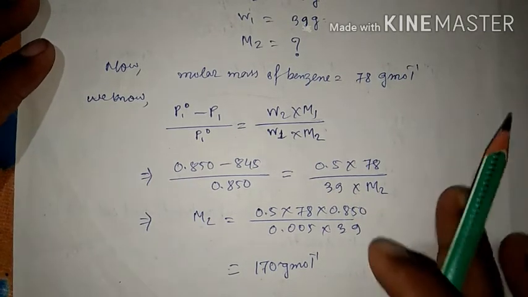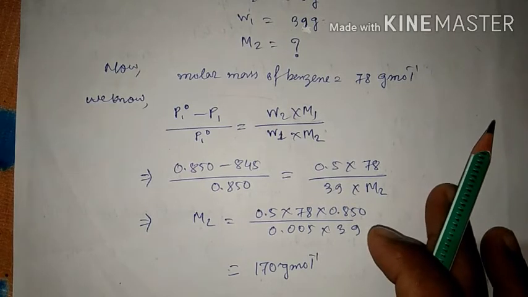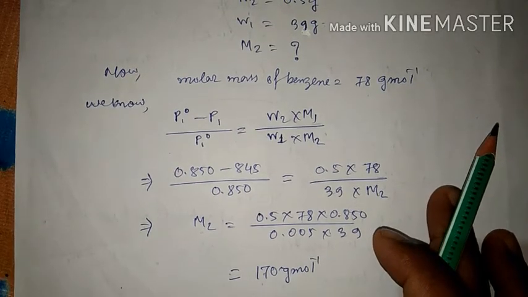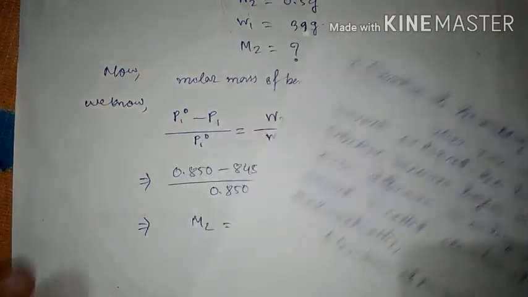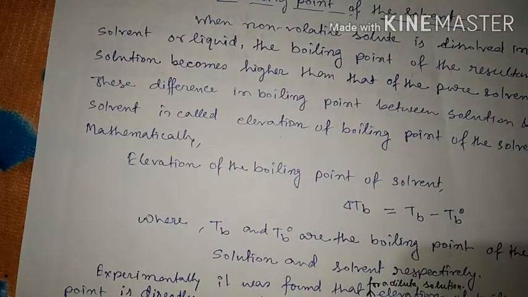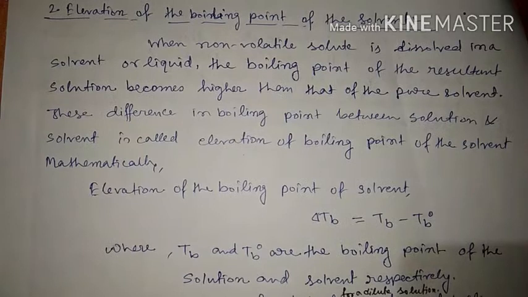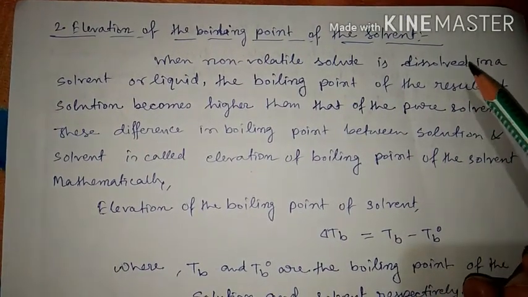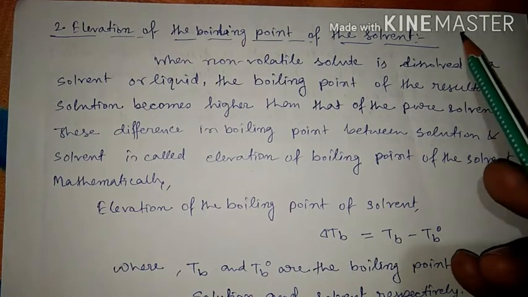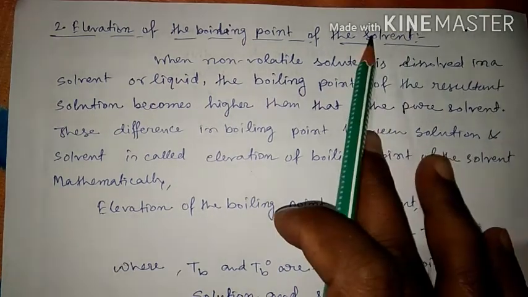These are simple mathematical calculations you can do easily. Then next colligative property is the elevation of boiling point. Same thing here also, elevation of boiling point depends on the number of solute particles, not on the nature of the solute.